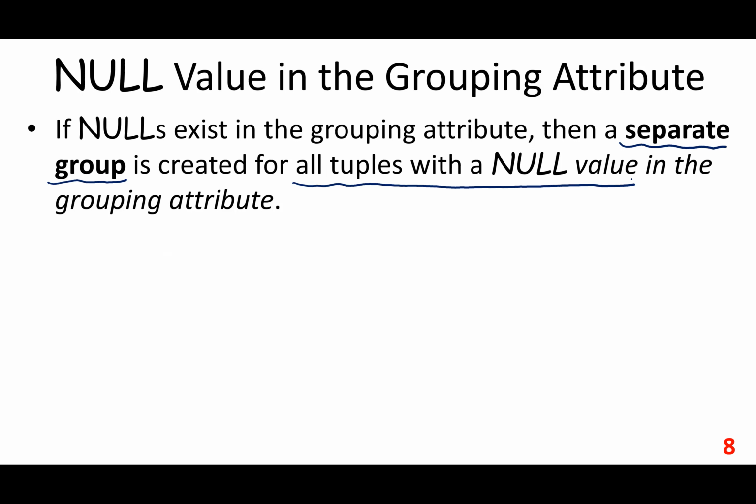That won't be good, too many groups. So we put all the tuples whose grouping attribute takes the null value in one separate group.